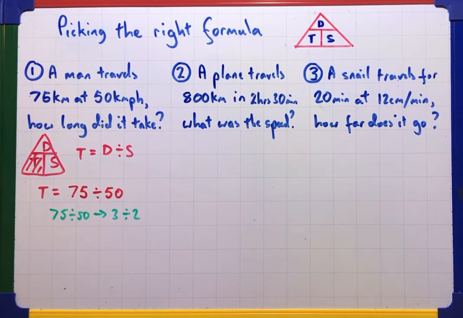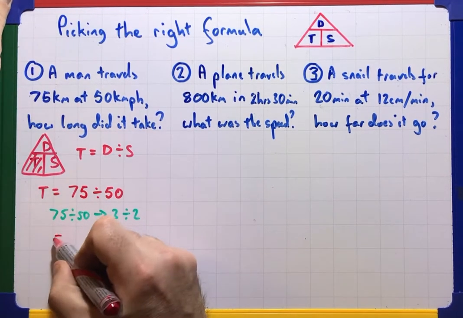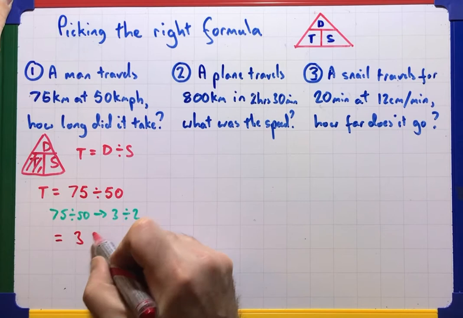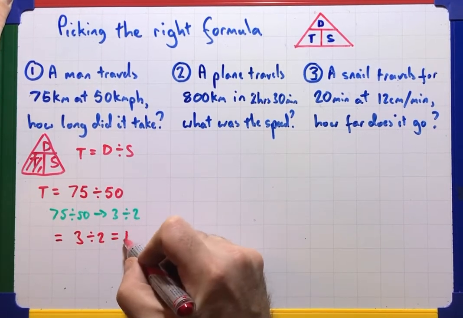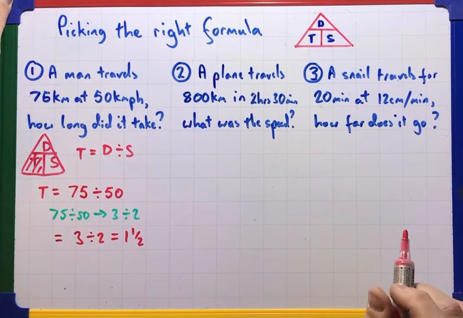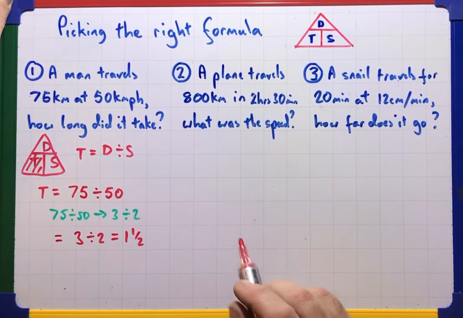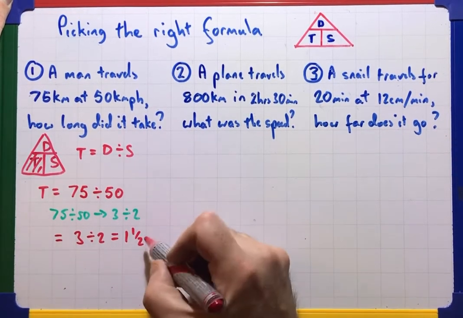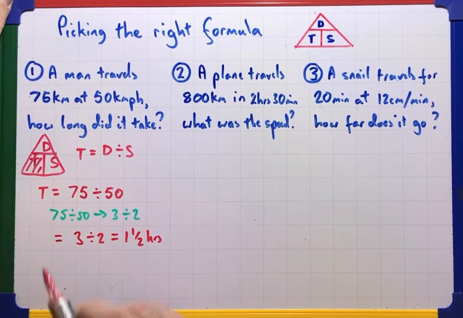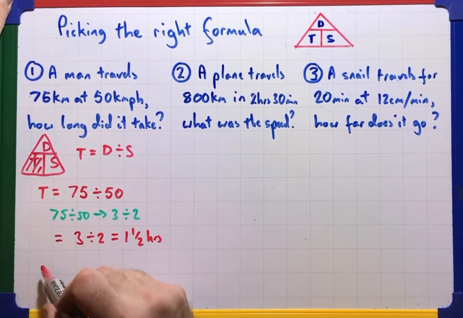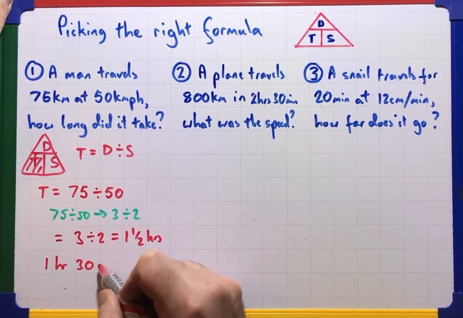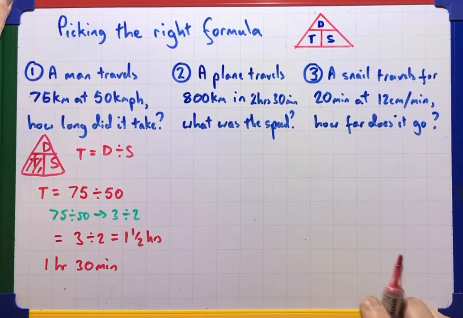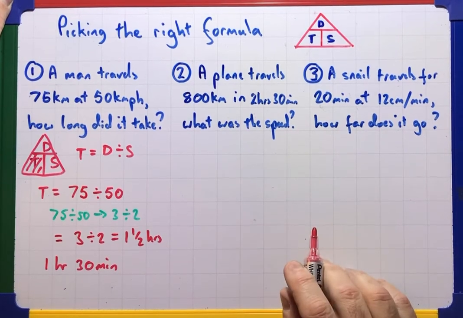Okay, so that's the same as 3 divided by 2, which is 1.5, isn't it? 3 over 2, 1.5. So that would be 1.5 hours. If we were asked for it in hours and minutes, I would put 1 hour, 30 minutes. Okay, so that's the first one.